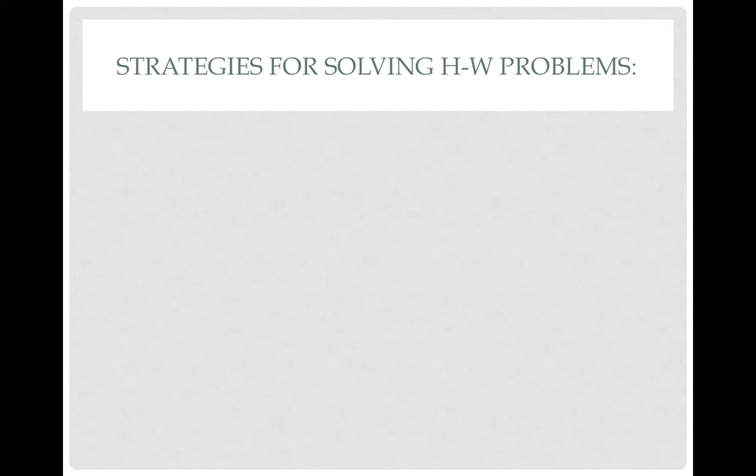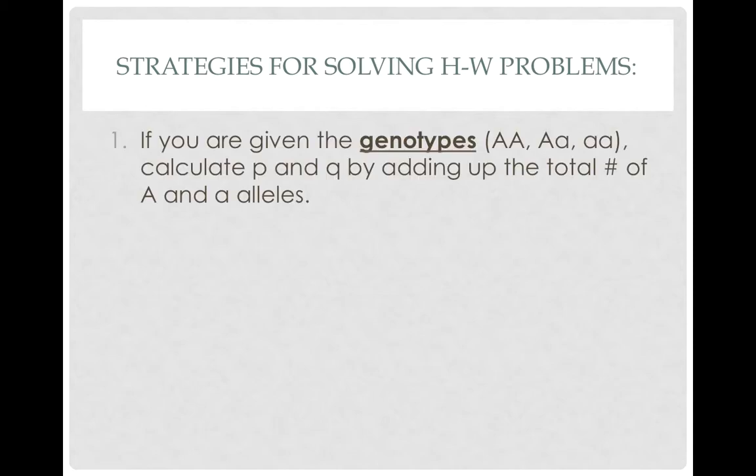So there will be many different Hardy-Weinberg problems that we'll be solving over the next few days. Some strategies for helping you solve those are these. If you are given the genotype, so if you're given something like this here, you're going to calculate P and Q by adding up the total number of dominant and recessive alleles.